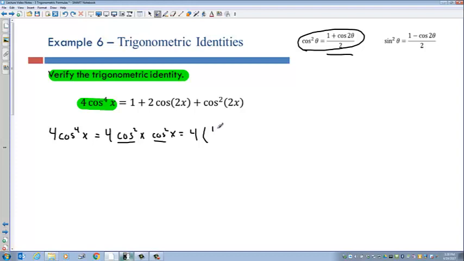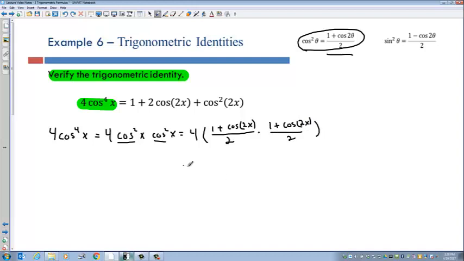And so then I have 1 plus, instead of cosine 2 theta, you write cosine 2x. And let's put parentheses around the 2x just to make sure it's clear that's inside there. Then all divided by 2. And then times another 1 plus cosine of 2x, all divided by 2.